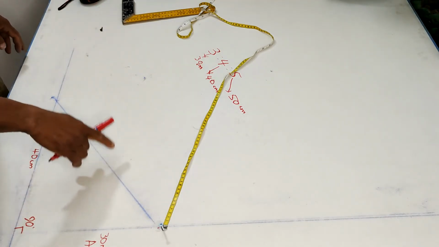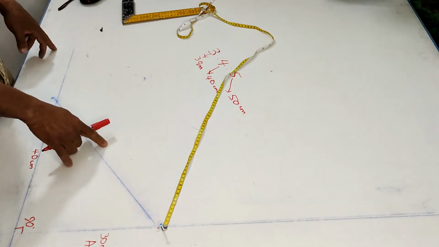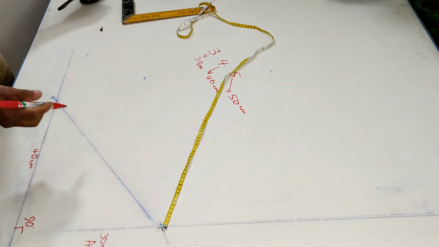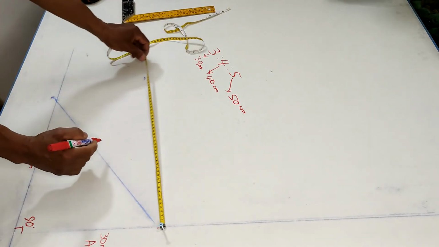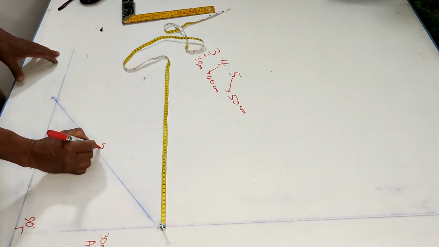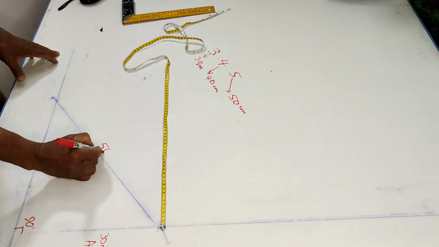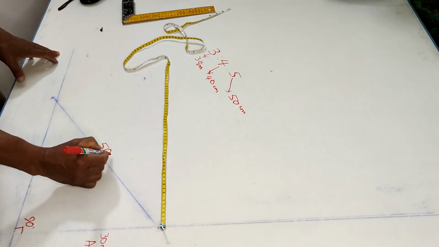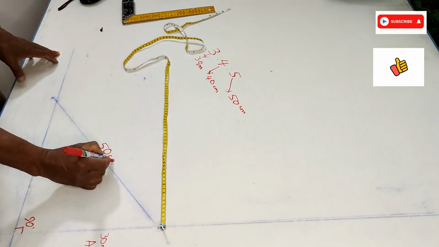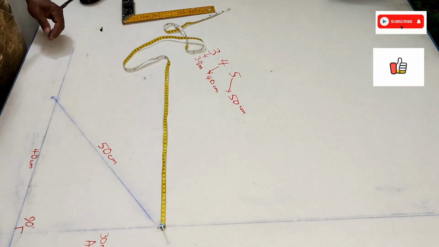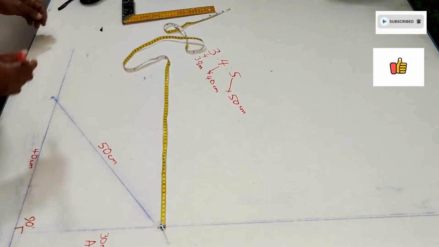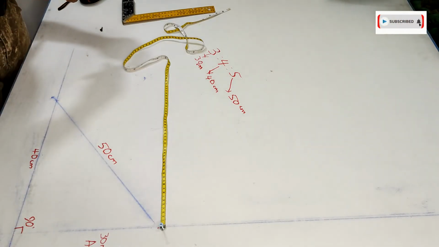So we say this place must be 50 centimeter. So this place is, from the measurement, 50 centimeter. Here. This is our angle 90.